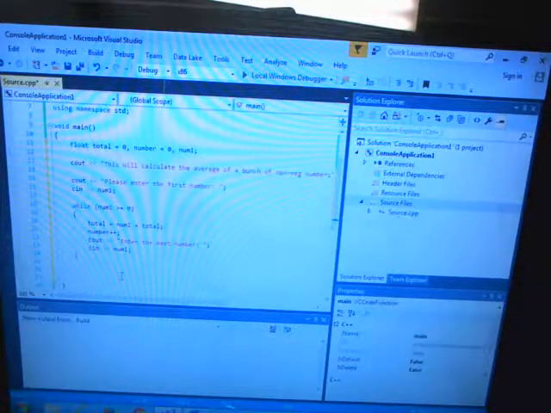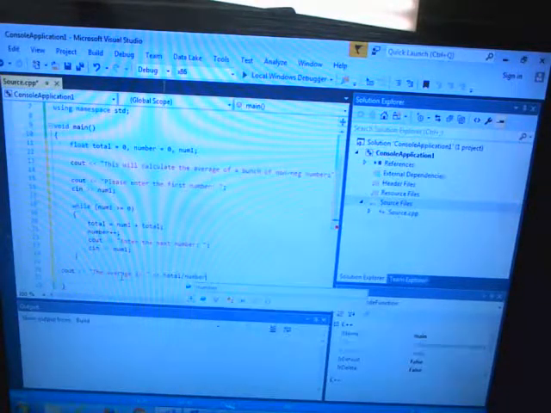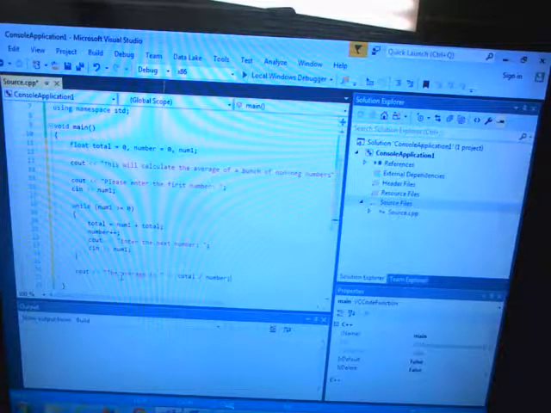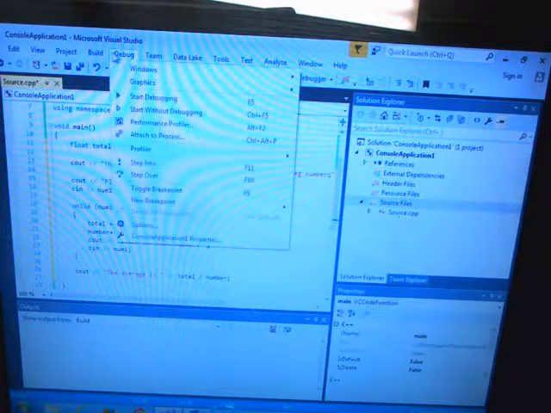Now we just do cout: The average is total divided by number. Good? Maybe? One way to find out.